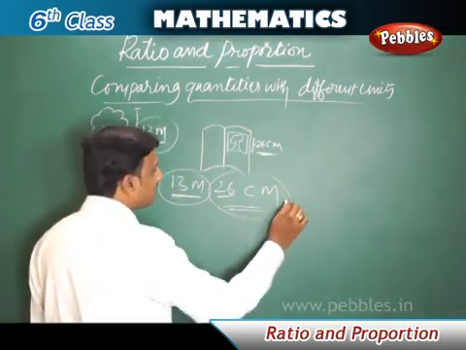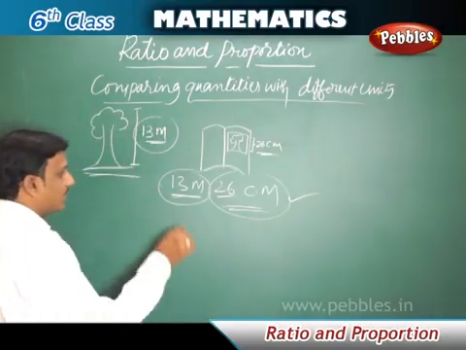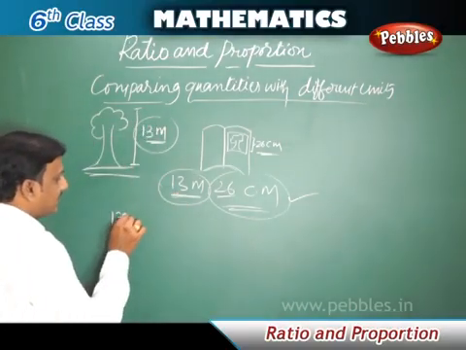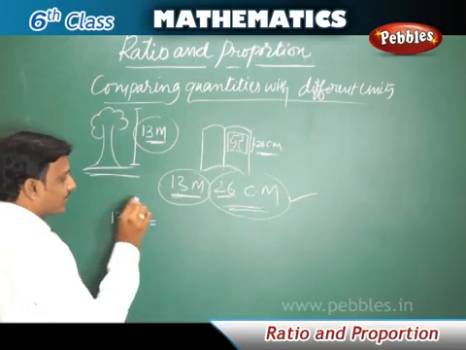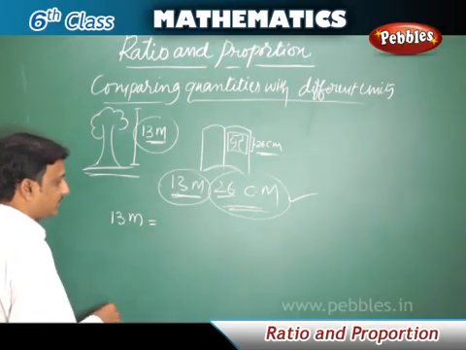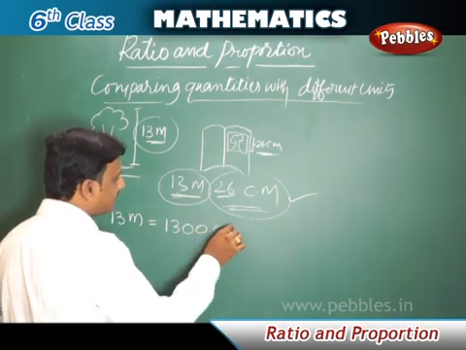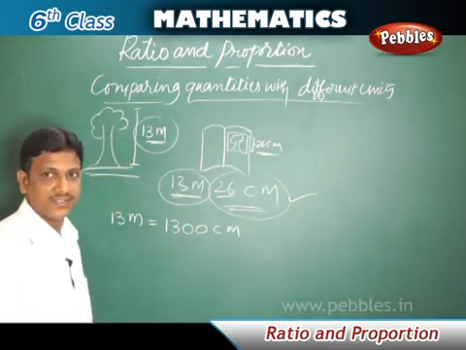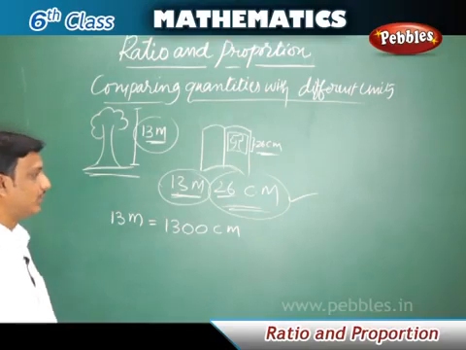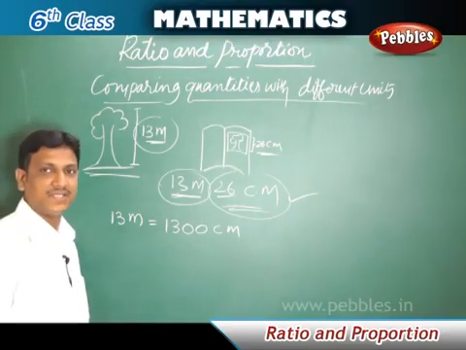So now we make these values to the same units. Here we leave this 26 centimeters as centimeters, but we make this 13 meters to centimeters. So 13 meters is equal to 1300 centimeters, because we know 100 centimeters make a meter.